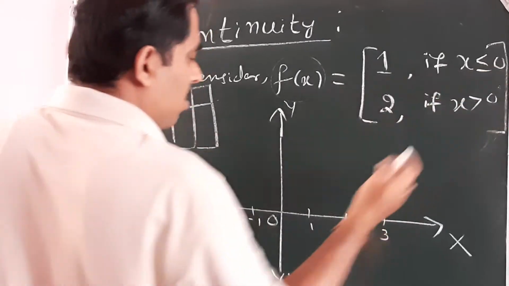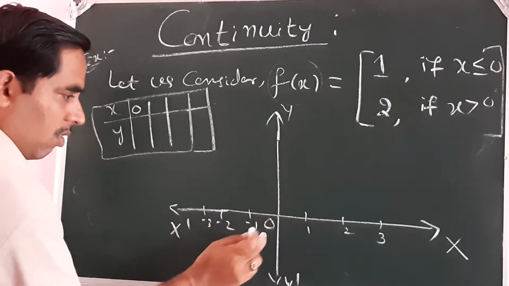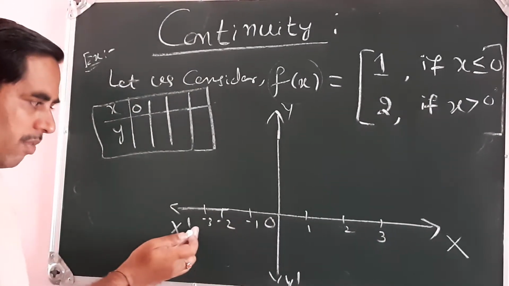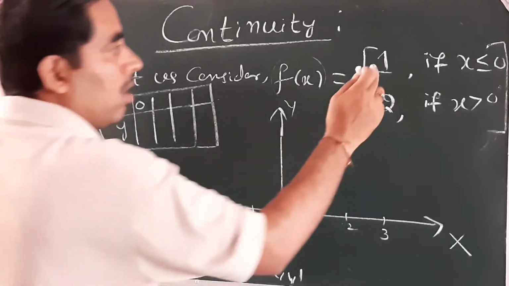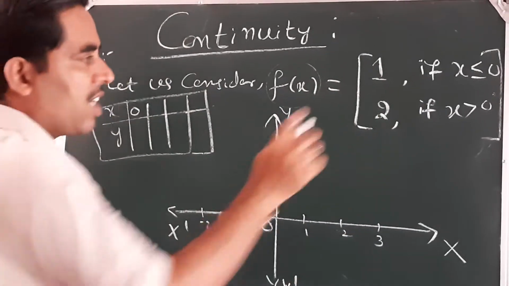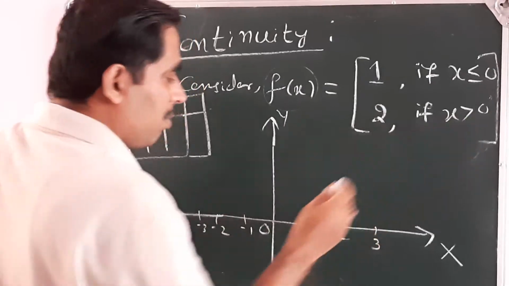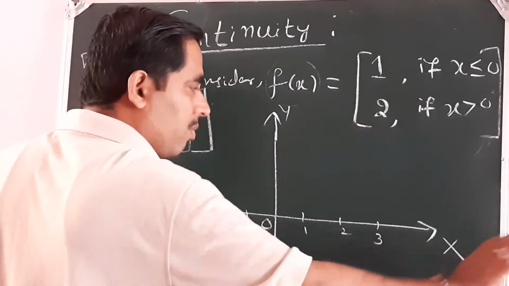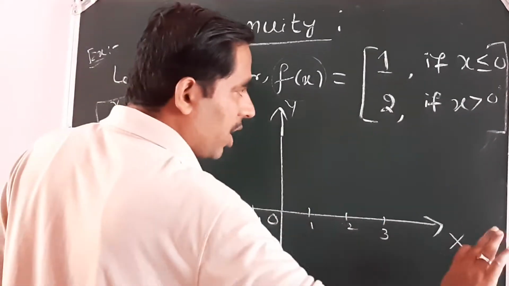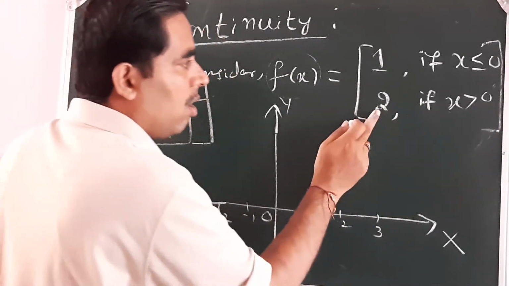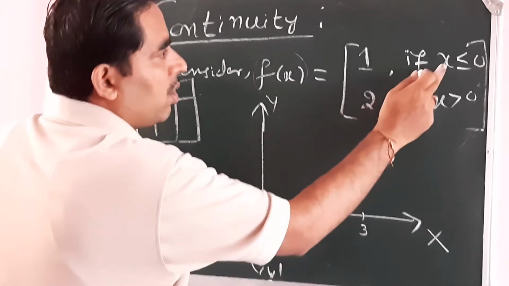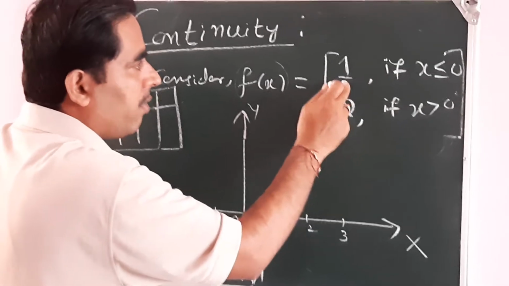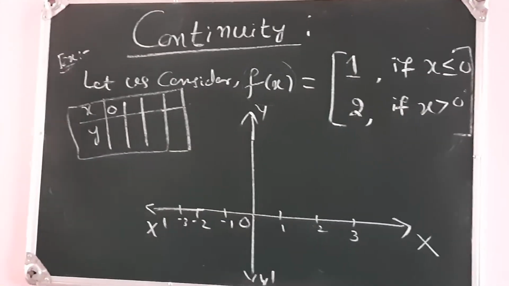Less than 0 means all the values to the left of 0, then the value is 1. x greater than 0 means all the positive values, to the right of 0, where the function is 2. To the left side of 0, including 0, the value is 1. That's how the function is defined.